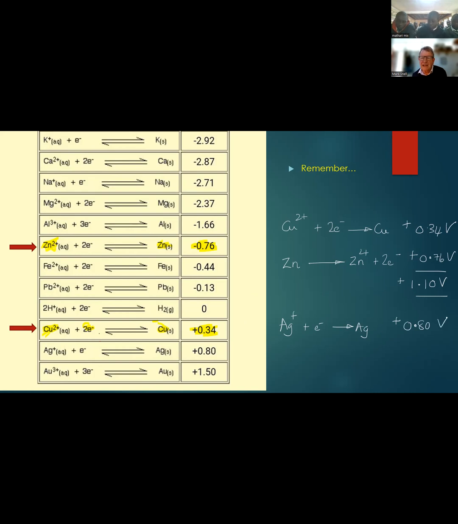The zinc is less positive, so it goes backwards, that is Zn turns into Zn2+ and 2 electrons, and we change its sign.